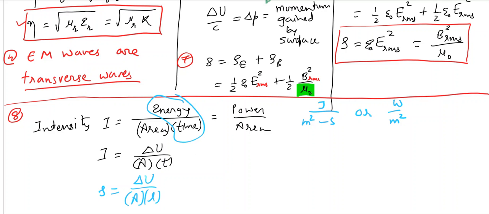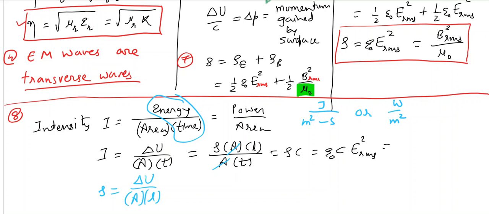So I can write this delta U as density into area into distance L, and then we end up with energy density into c. Now if I substitute the rho value, it is epsilon 0 c E RMS square, or else I can write this as c B RMS square by mu 0.